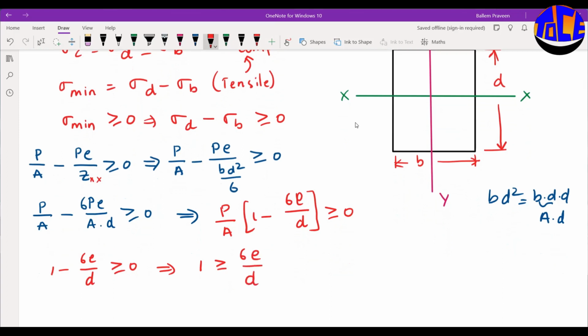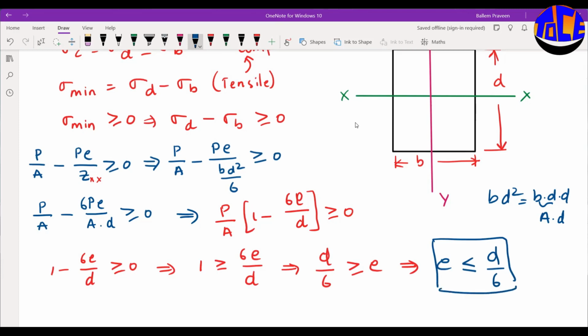Taking 6 to the other side, d divided by 6 should be greater than or equal to e. In other words, e should be less than or equal to d by 6. This is the loading limitation in order to avoid tensile stresses in the rectangular section.